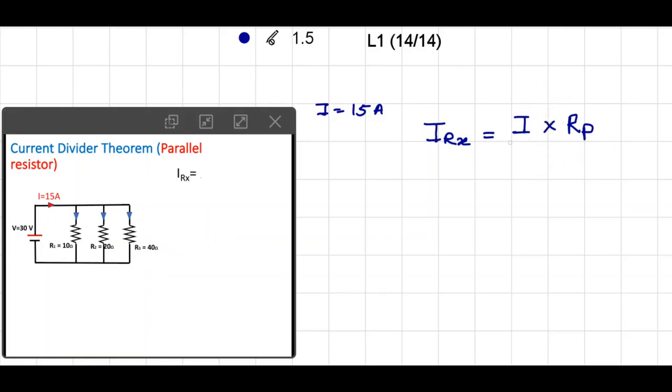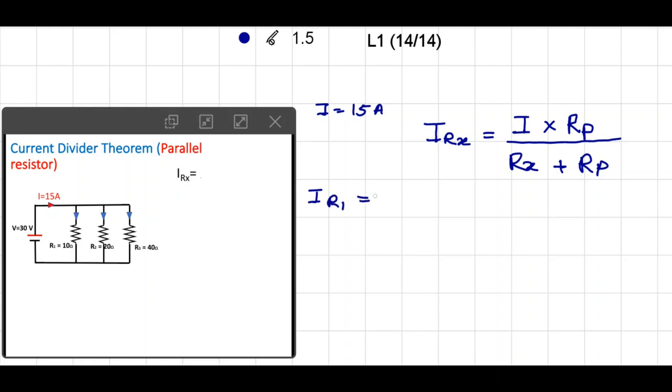Divided by Rx, that means the resistance through which we are measuring the current, plus Rp, the total parallel resistance. Here we are considering IRx, that is the current through resistance R1, which is 10 ohm.